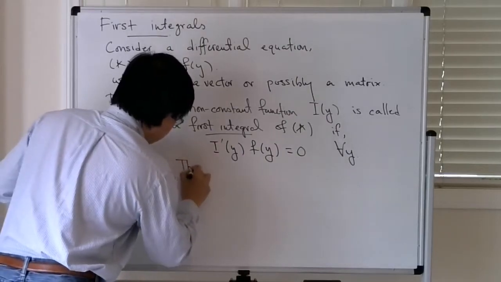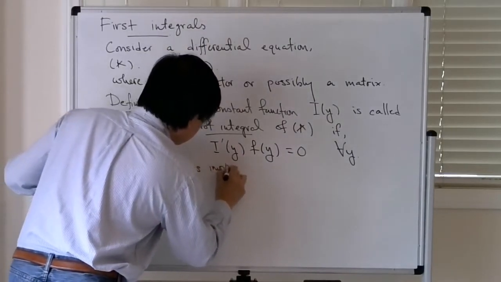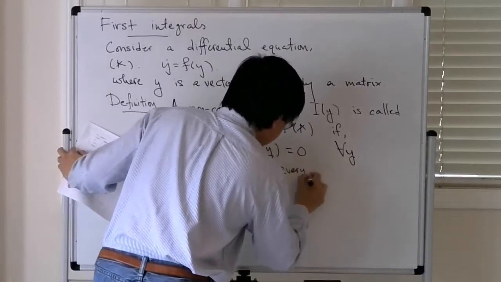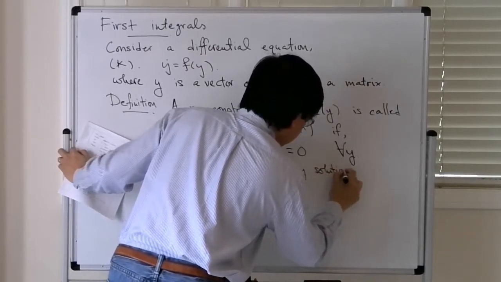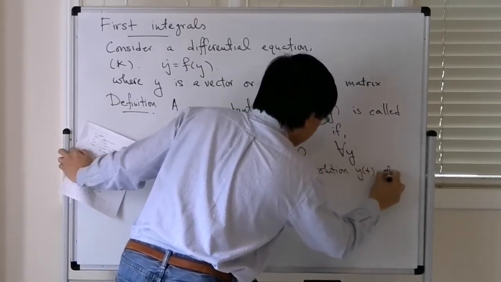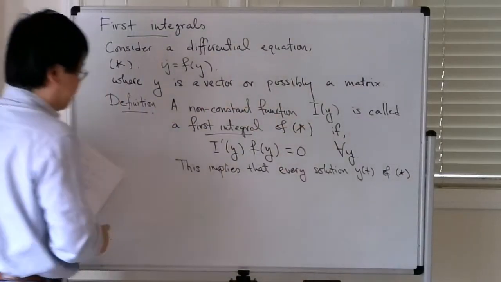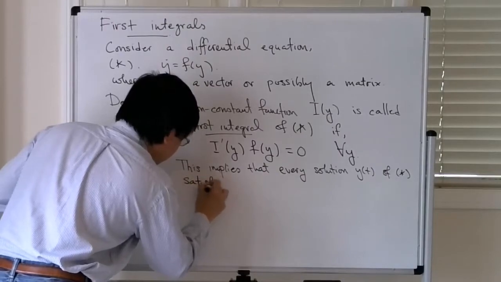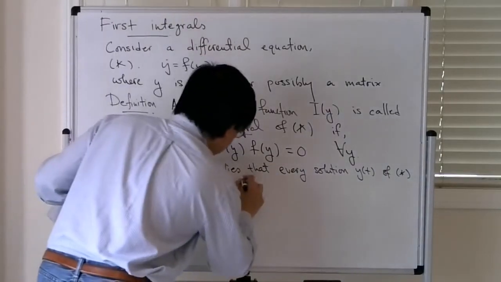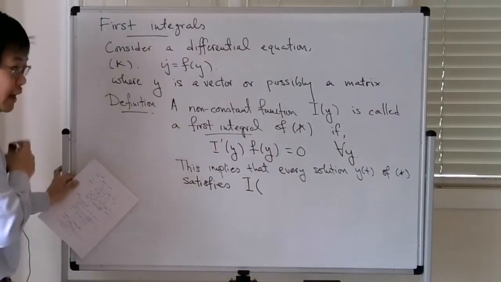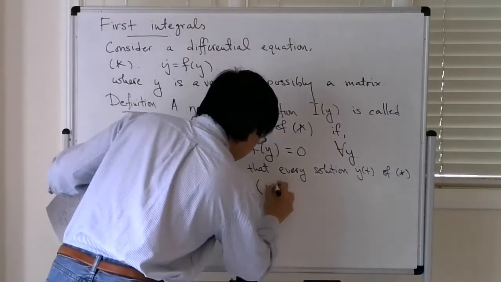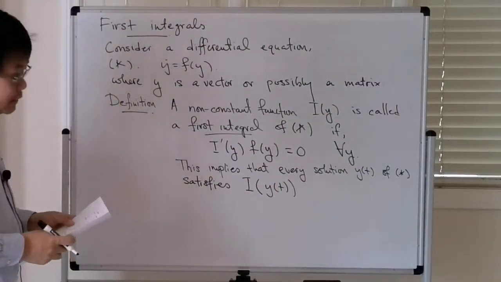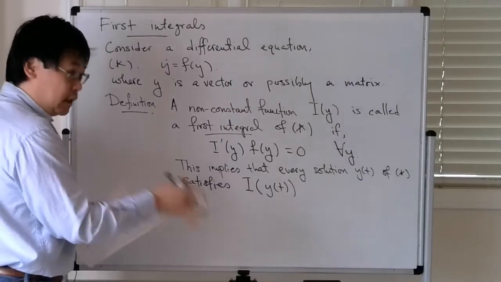This implies that every solution y of t of the differential equation satisfies the property that if you evaluate this function I on these solution curves, then this function is constant along those solution curves.